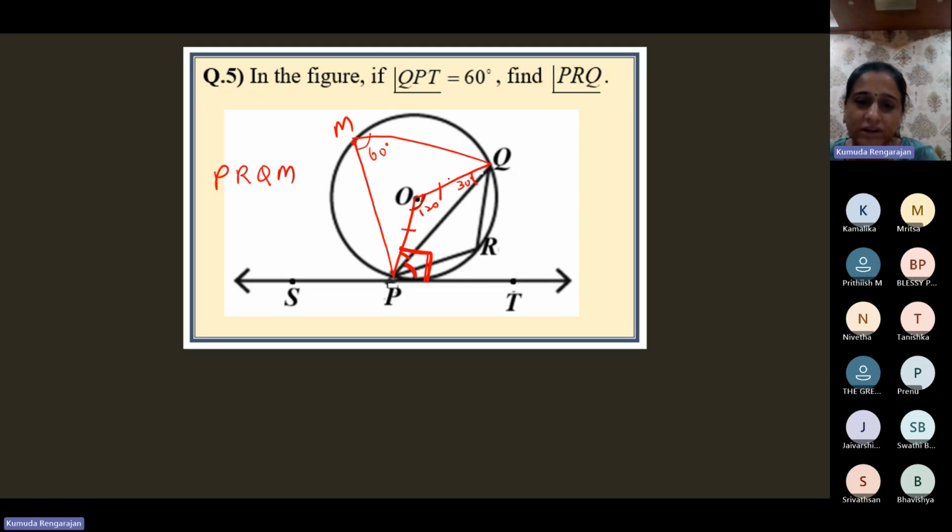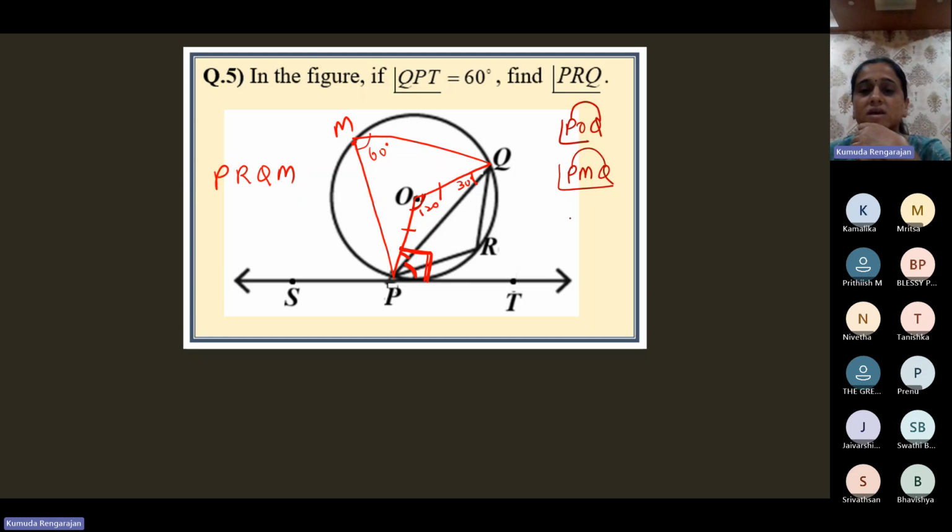Name this angle 120 degrees, angle POQ. So it is made by the arc PQ. Name the angle on the circumference, angle PMQ. That also is made by the same arc PQ. Name the angles and you will make out which arc subtends those angles.